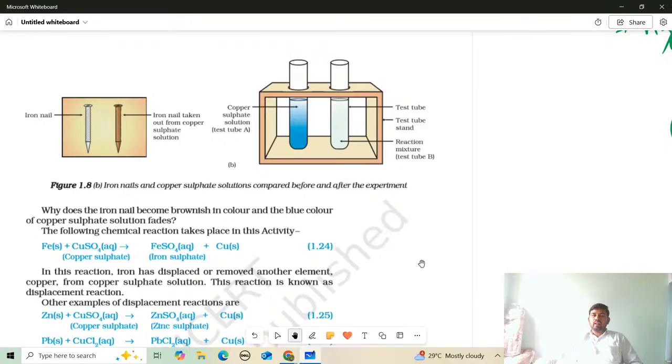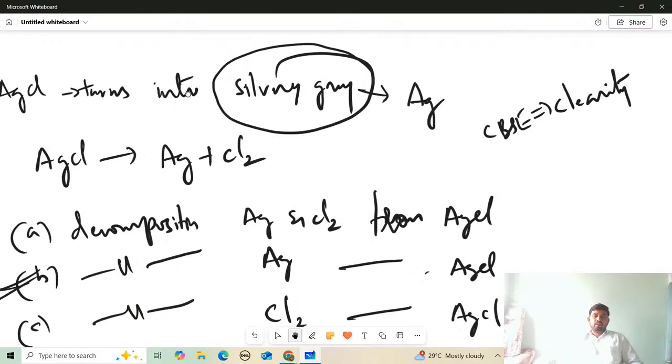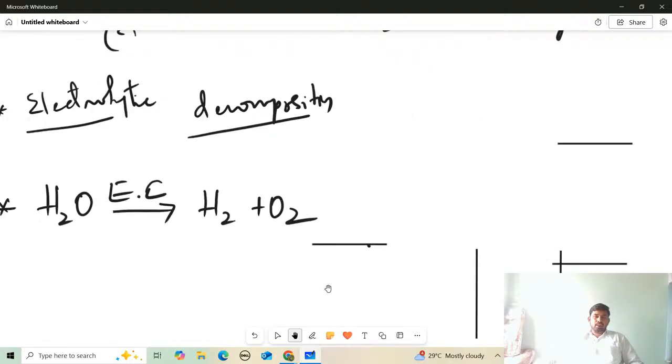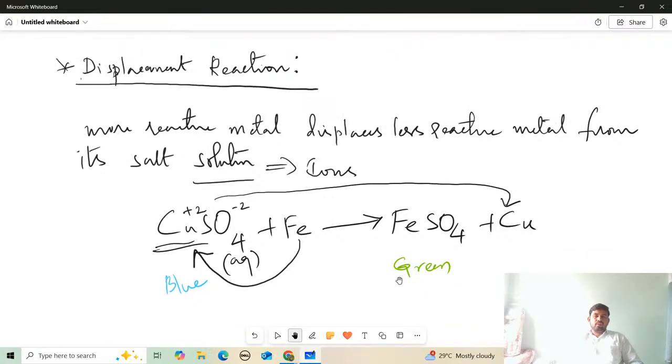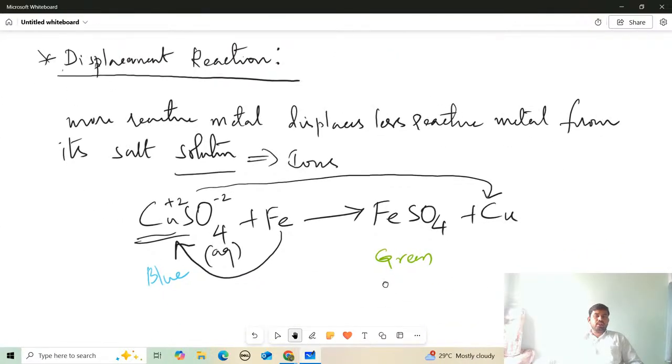Pale green represents the formation of FeSO4. That you should remember. Okay. One more thing here: this iron nail will be there, like an iron nail.